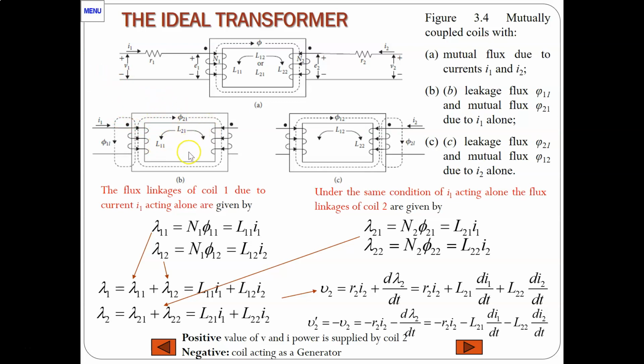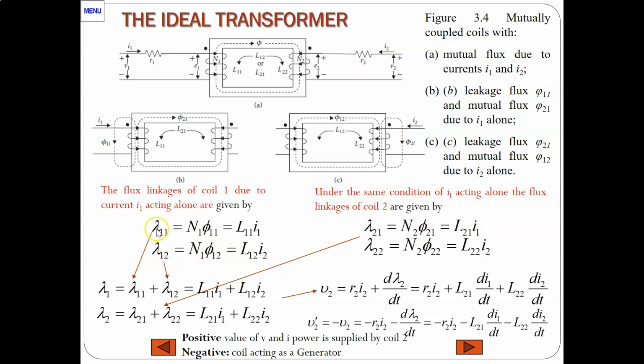So when we talk about the flux linkage of coil 1 due to current I1 acting alone, this expression is given. Now we can see several different expressions below, representing the self and mutual terms. For the 1,1 term, N1 is the number of turns and L1 is the self inductance. The 2,2 term has the self inductance on the secondary side, and here are the mutual values.